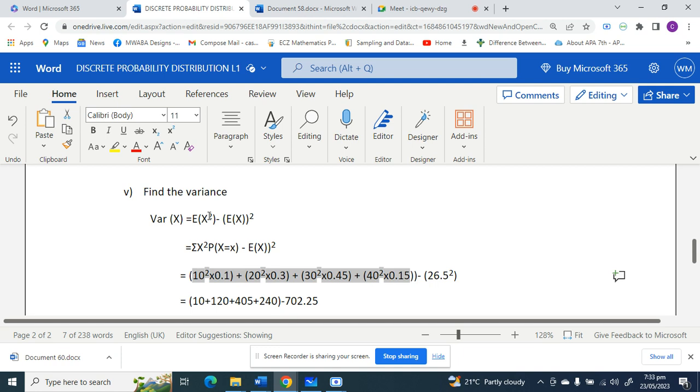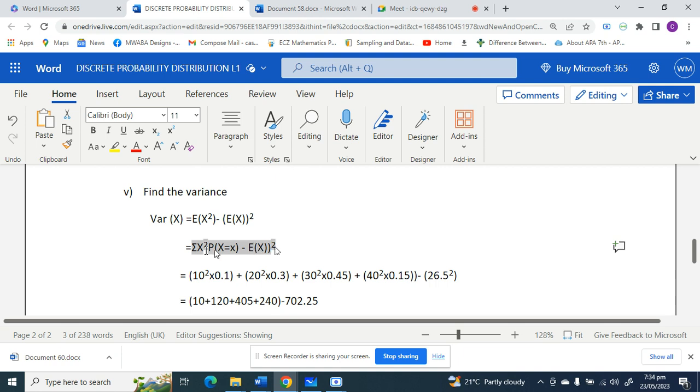the random variable. As you can see, E open brackets x squared. All right. So that's what this represents here. I've even broken the formula down here. If you break down the formula, it comes down to this: x squared, the random variable squared, multiplied by its probability. Then you add all of them up. Then you subtract the expected value squared.